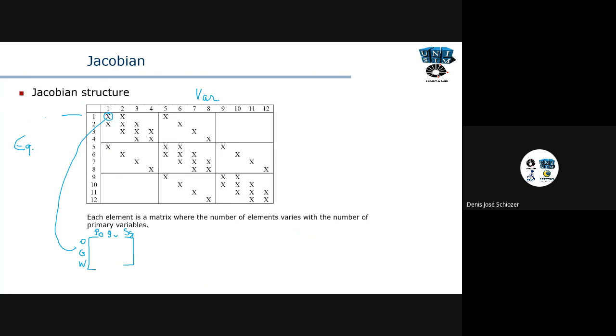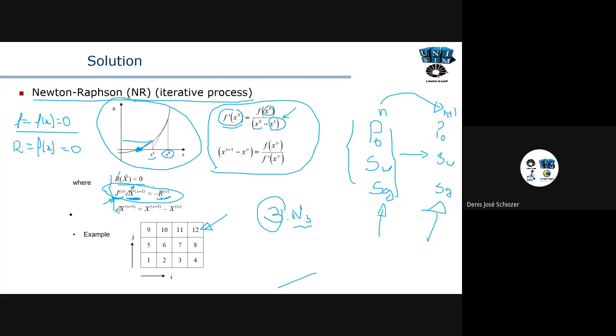Let's assume that this is the mass conservation equation for block 1, okay? I'm writing this line here as the equation for block 1. The question is, Jose is asking me why we have this, I'm representing here this term here. We're going to solve for this system here, right? Where X here is the system that we have to solve. We have the residuals. We're going to guess the pressure and saturations.